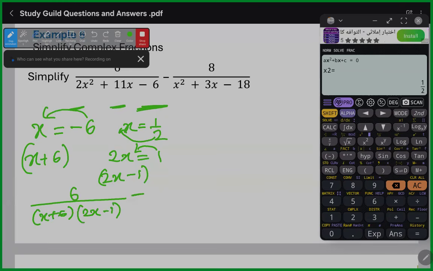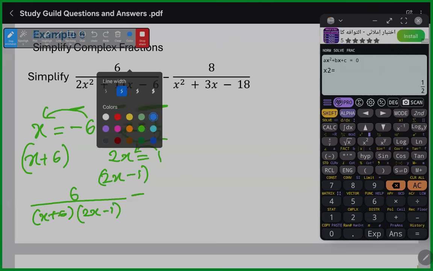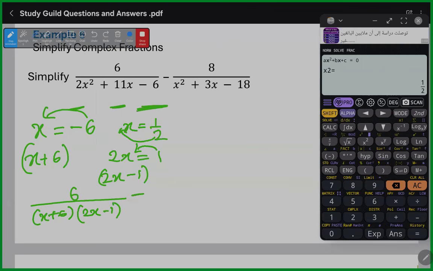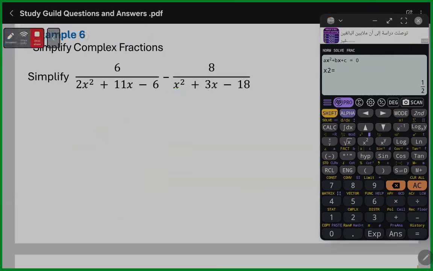Then minus. So let's talk about the second part of the expression. So here we'll have 1 here, 3, and negative 18. So we also use mode 5-3. So let's use mode 5-3. If I have 1 equals 3 equals negative 18.